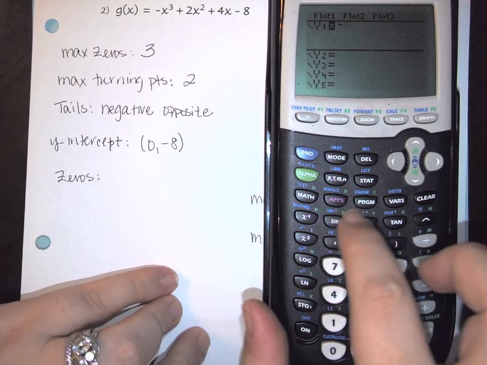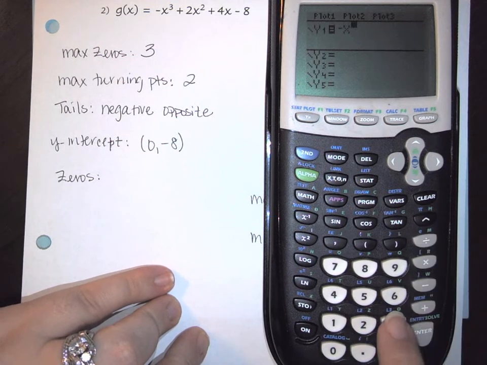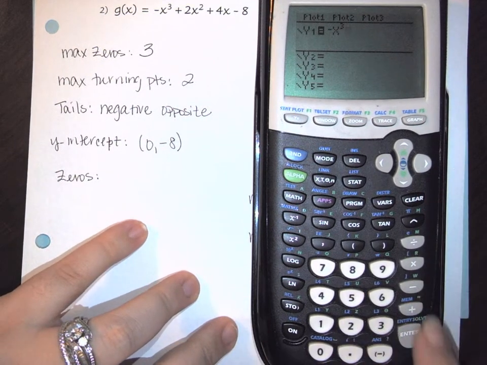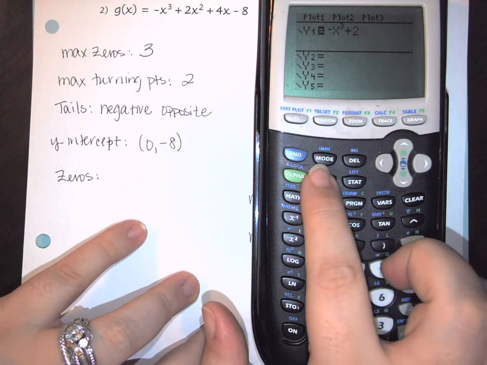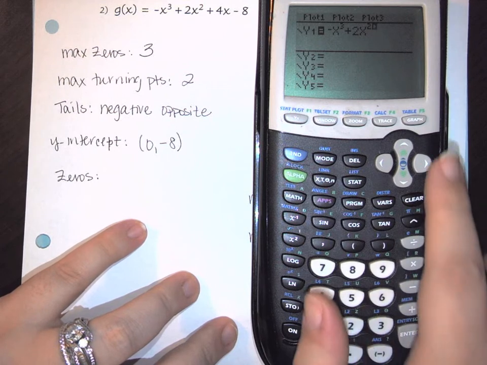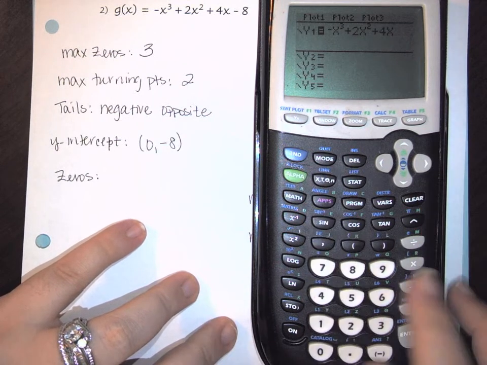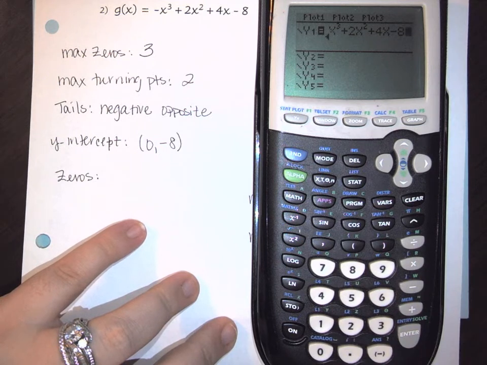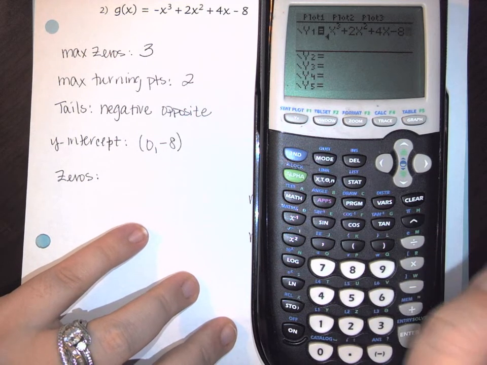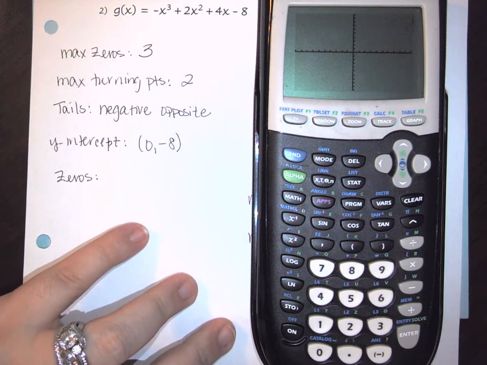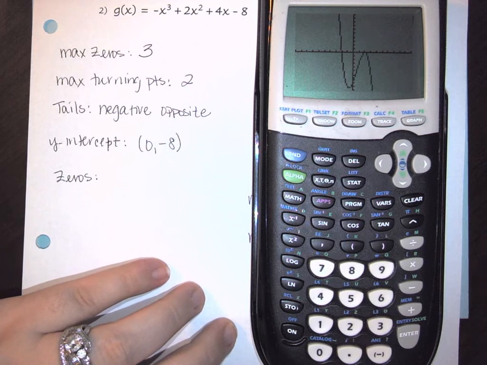And we're going to have x to the third, arrow out of it. And now we're going to have plus 2x squared plus 4x minus 8. Again, we want to make sure we start, so I'm going to come over here to zoom, I'm going to come down here to standard, and I'm going to go ahead and start with a standard zoom and see where that gets us.